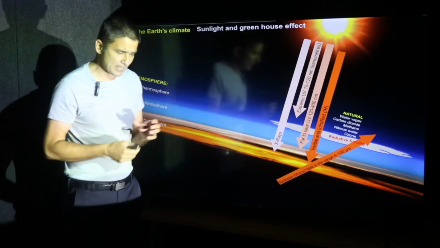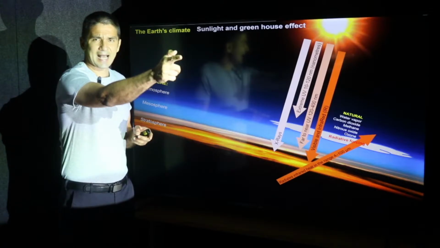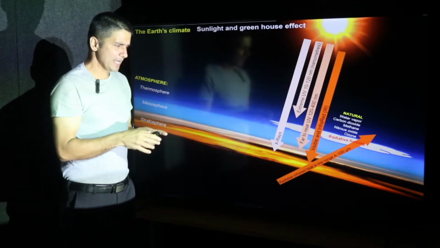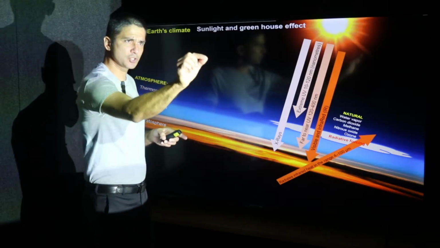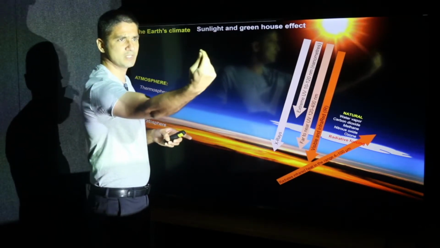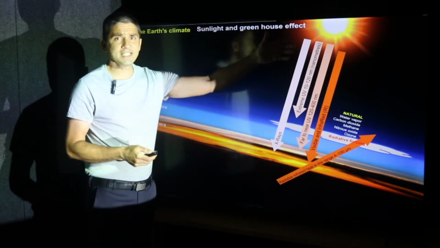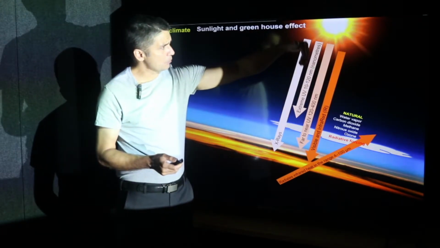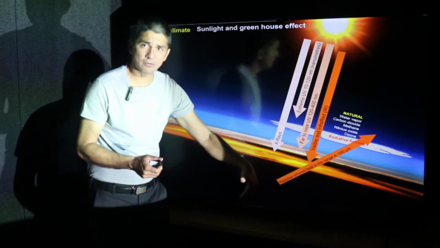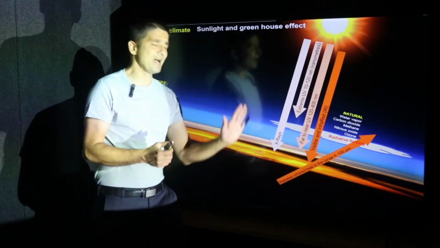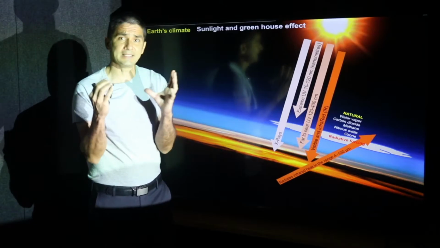The analogy that I give is this: imagine that you take a gun and you shoot it against a wall. The speed at which that bullet hits the wall is much faster than the speed at which the bullet bounces back. So the same physics happen here. There are short waves coming at very high speed. They hit the ground of the planet. They bounce back, but when they bounce back, they do so at a much slower speed, what is now called long wave.